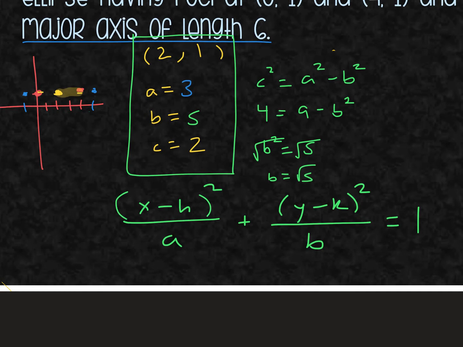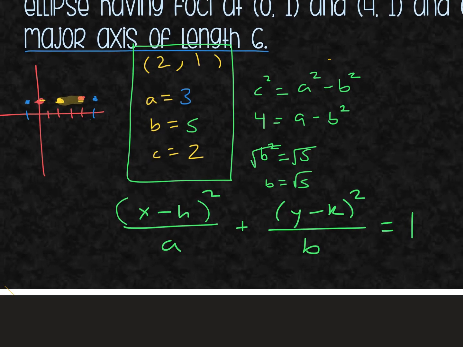So now we just want to plug everything in. What's our h? Remember, h and k come from our center, so this is h, this is k. Our h is 2, so we have x minus 2. What's our a?